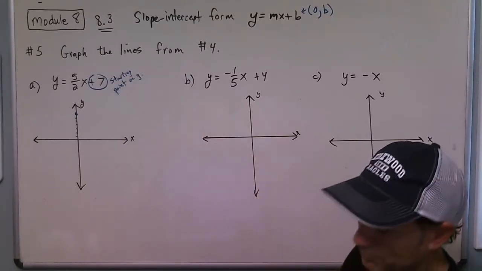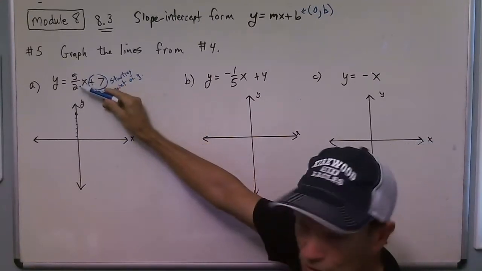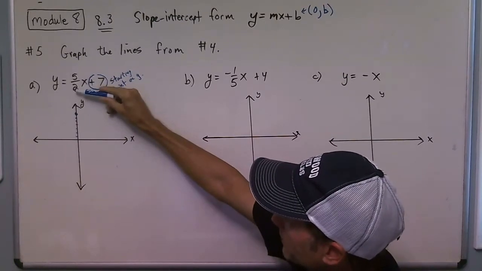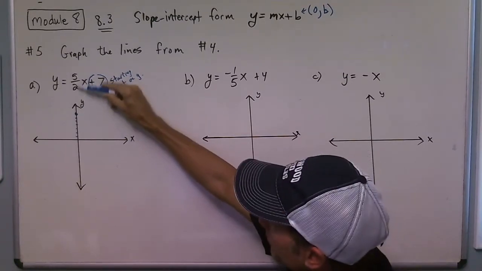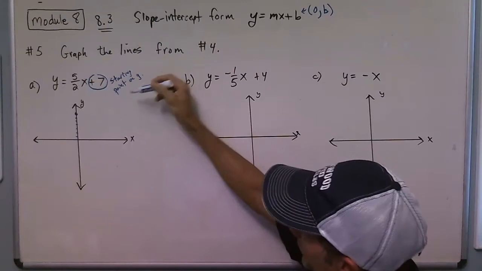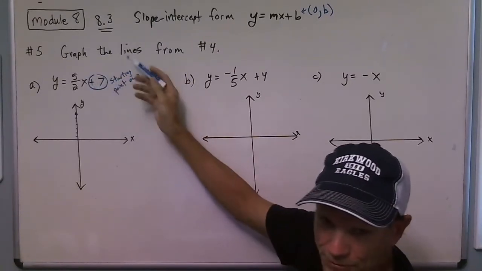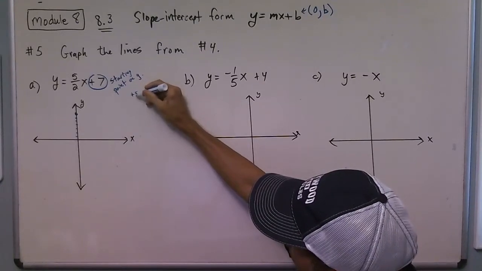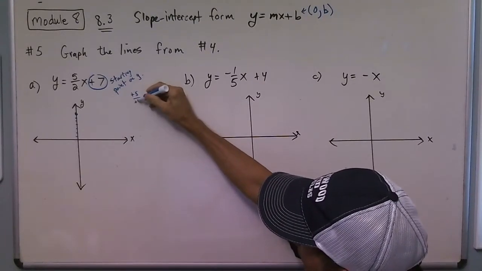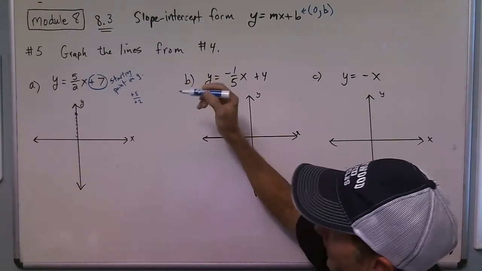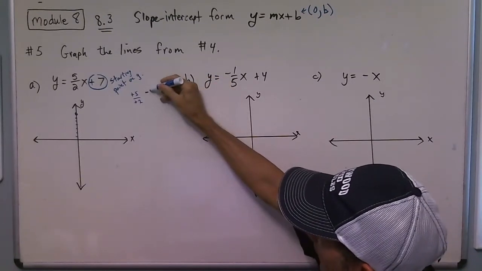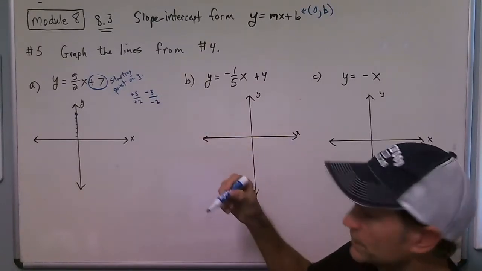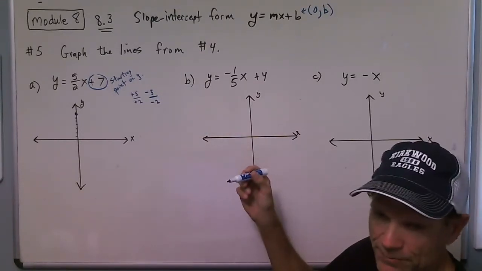Once I have that plotted, then what I can do is just use the slope of 5/2. Now remember, that's up 5 over 2. Now if up 5 over 2 goes off your grid, since you're going up 5 and to the right 2, what we can do is go down 5 and back 2 to keep ourselves on the coordinate system, and we'll get the exact same slope.